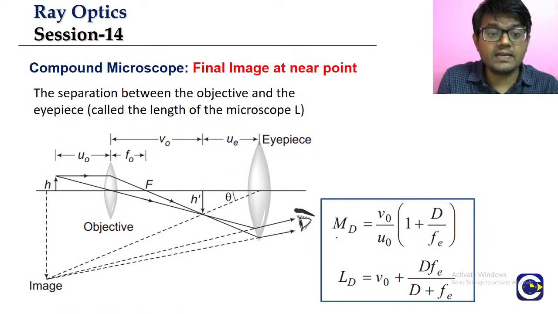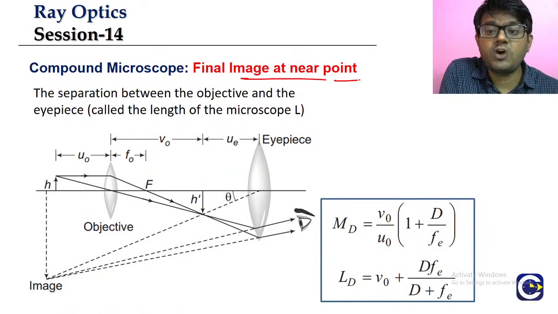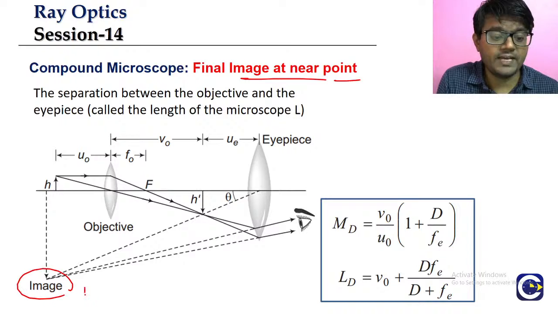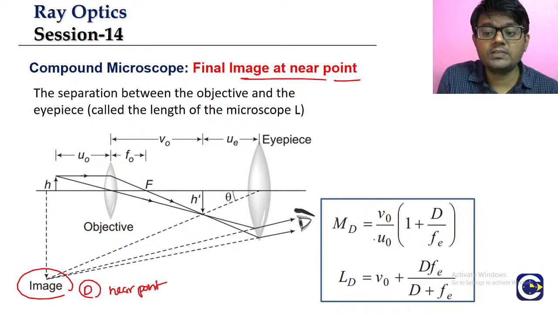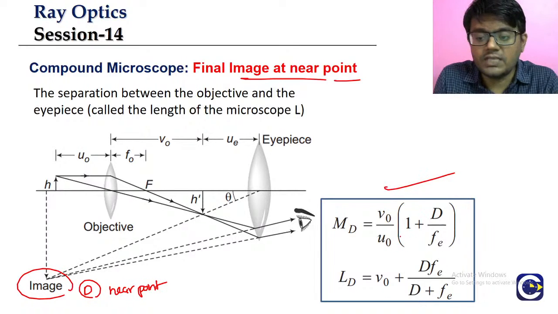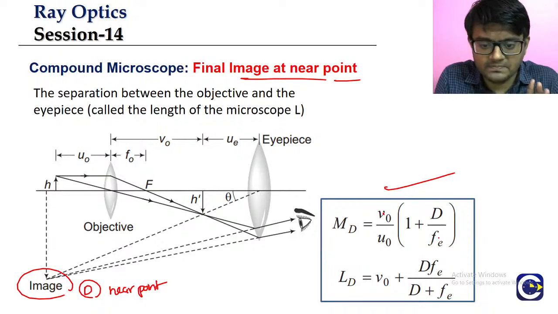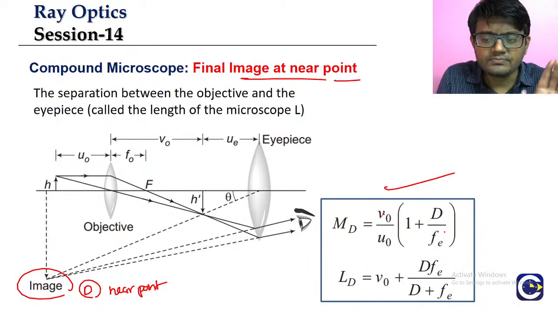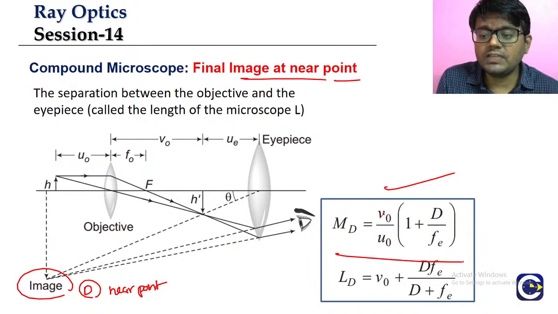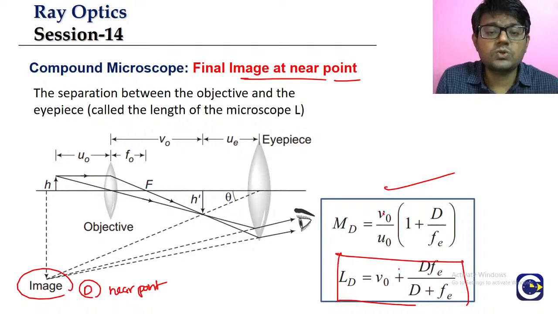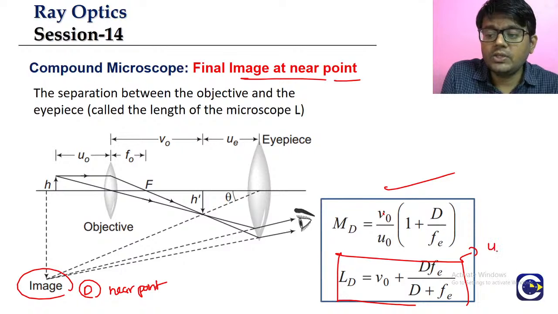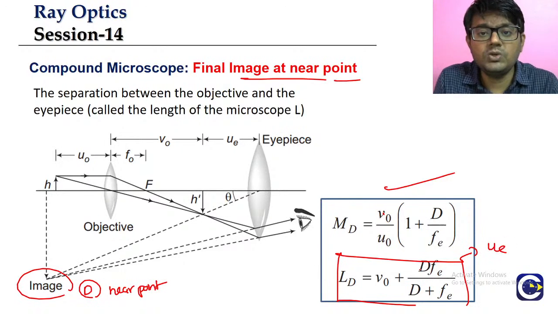The other way is the final image formed at the near point D. Here obviously we get a higher magnification. The magnification becomes VO by UO into 1 plus D by FE. And the length of the microscope is VO plus UE, where the UE value is D into FE by D plus FE.